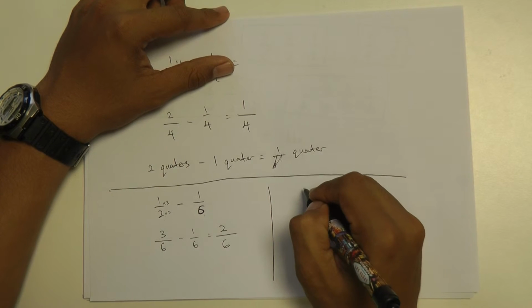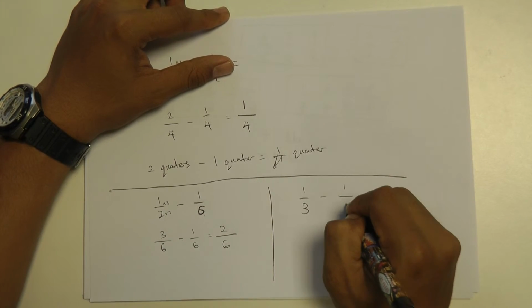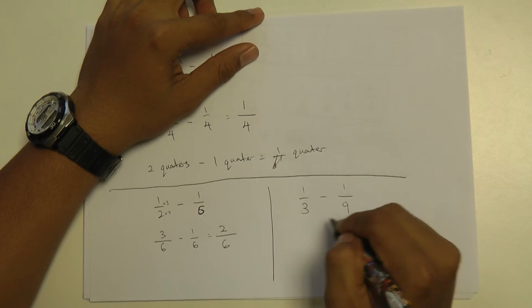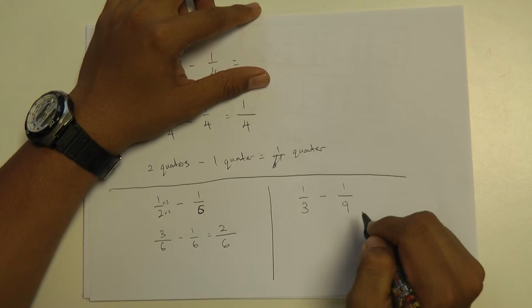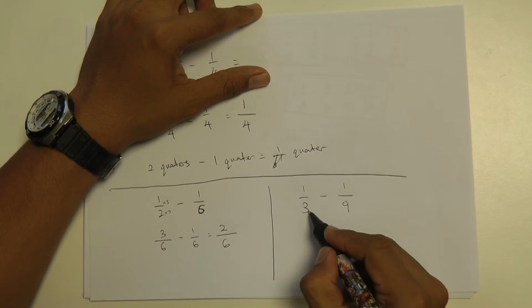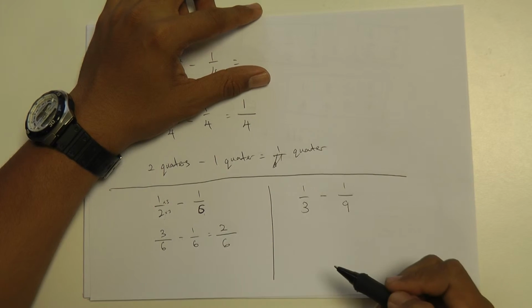Another example, let's try a third. Let's take 1/3 minus 1/9. From here, can I subtract them straight away? I can't. So I need to make sure they belong to the same fractions. So I ask myself, is 9 a multiple of 3? Or is 3 a multiple of 9?